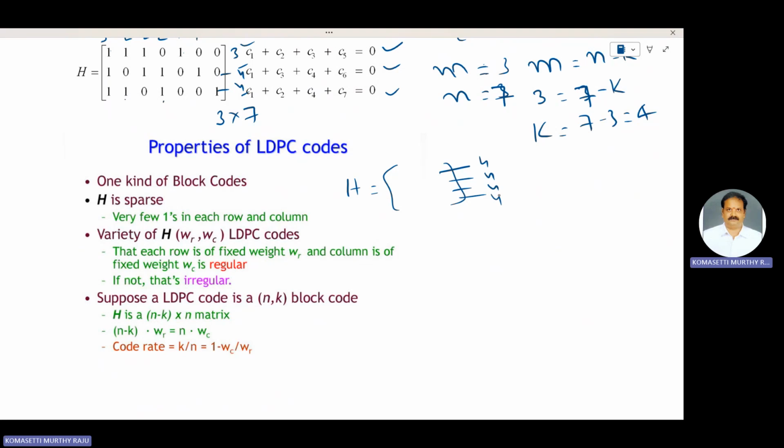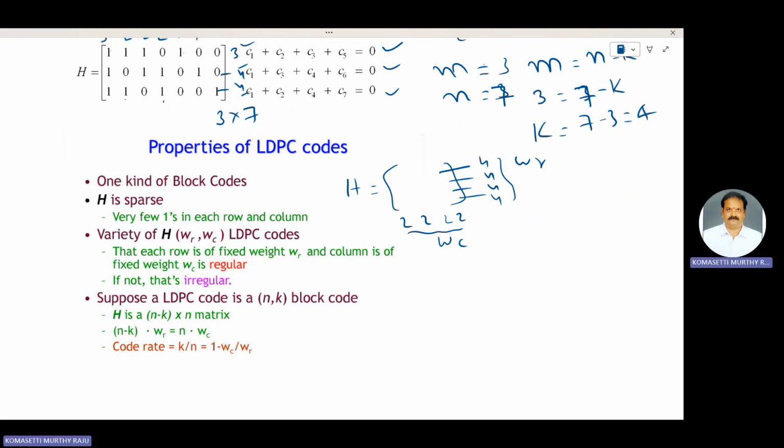The number of ones in each row is fixed, constant, and the number of ones in each column is also fixed, constant WC. That is called regular LDPC. If not, it is irregular.